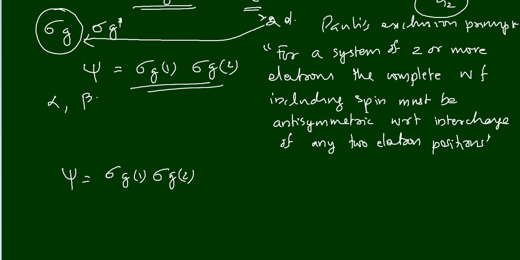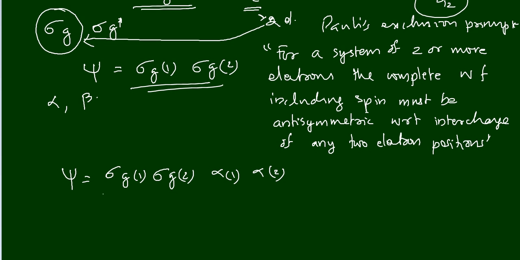Then we have to explain its spin also. The spin of electron 1 and electron 2 can be alpha or beta, so there are different possibilities. One possibility is that electron 1 has alpha spin state and electron 2 also has alpha spin state. So we write it as alpha 1, alpha 2.